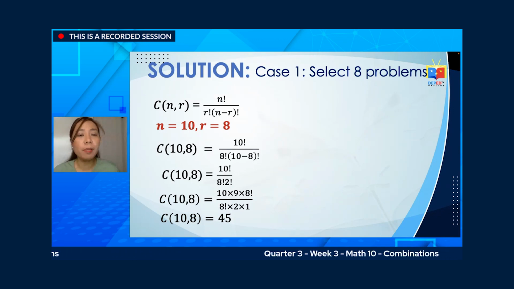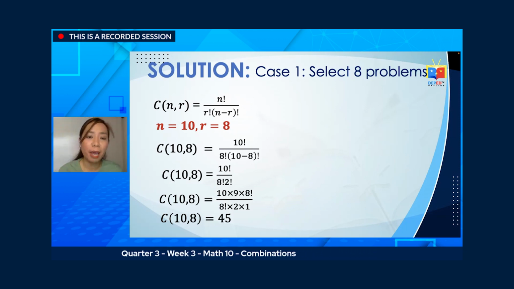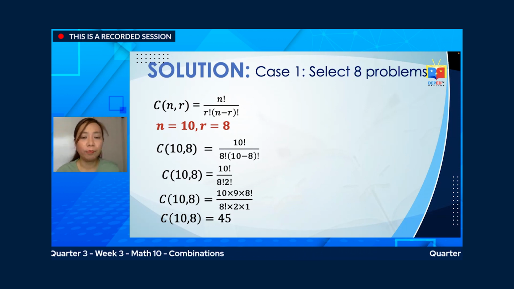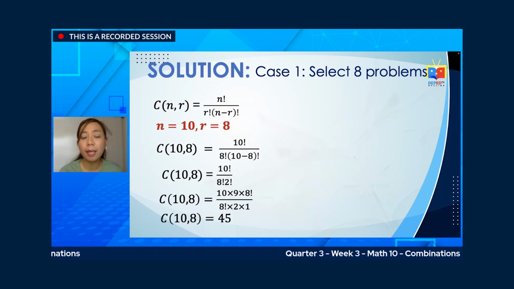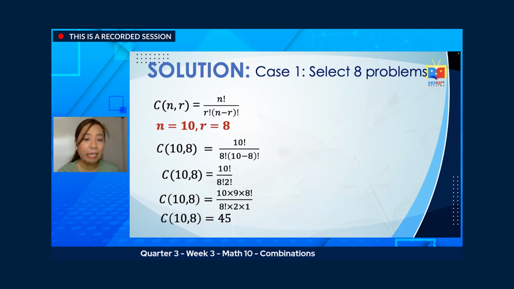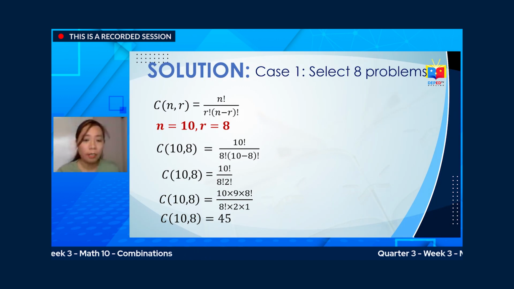We have now your formula n factorial over r factorial times the quantity n minus r factorial. Substitute, we have 10 factorial over 8 factorial times the quantity 10 minus 8 factorial. That is 10 factorial over 8 factorial 2 factorial. Simplify.